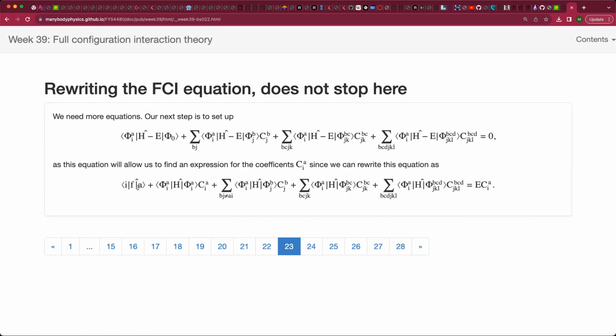But normally we can assume that it's non-zero. And then we have this term here, which multiplies with the unknown coefficients. So these are unknown coefficients. And then we have the higher order terms, and then we have the coefficient again multiplied with the energy. Now, since this energy depends on the coefficients as well, this becomes a non-linear equation in the unknown coefficients.